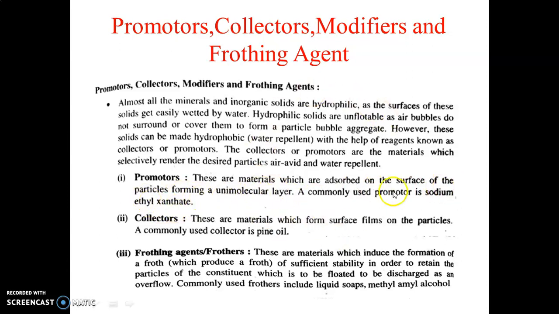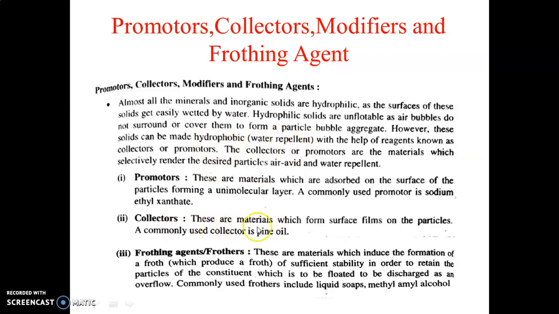So a layer is formed on that material. Generally a chemical which is used is known as sodium ethyl xanthate. You have to add this chemical in that froth flotation cell, due to which this material becomes hydrophobic. That means it will be repelled by water.